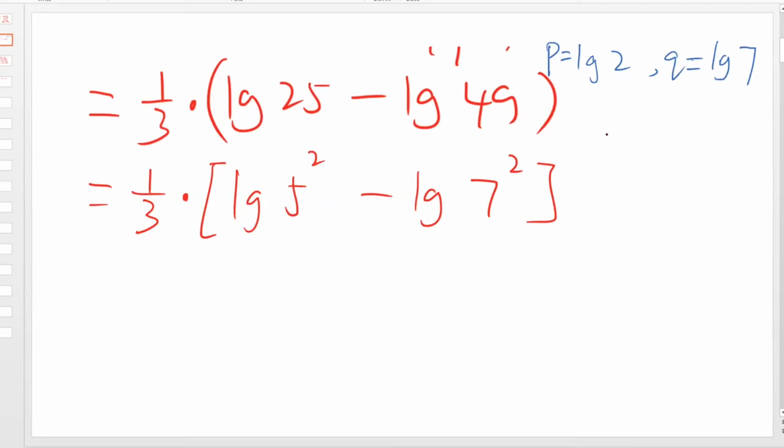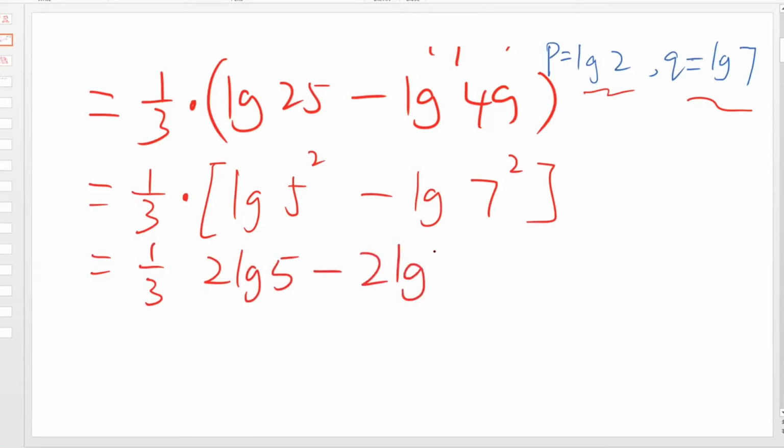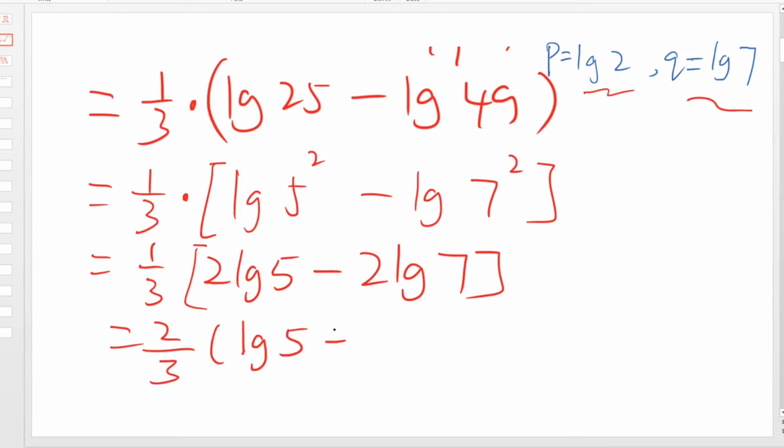Yeah, but we need to make use of this 2 and 7. Over here, ultimately, this 2 you can bring down, and then you can take out the 2, and then you end up with this.